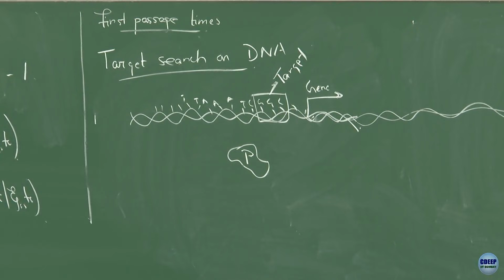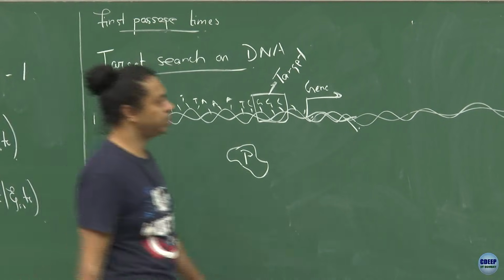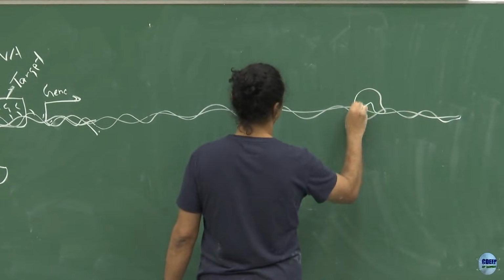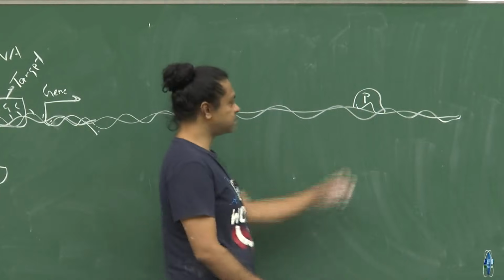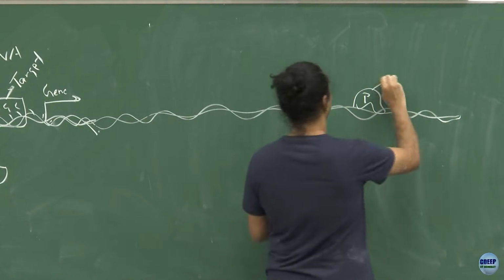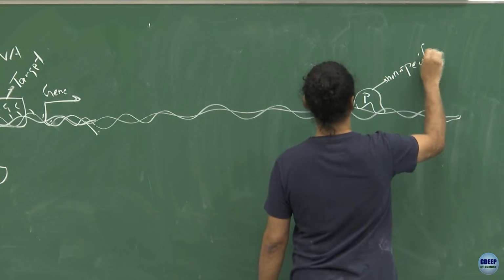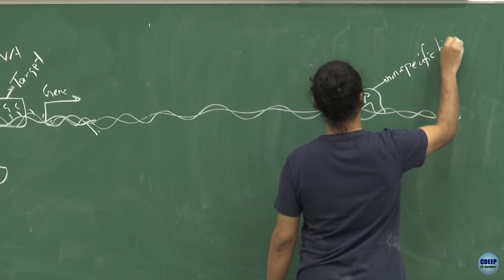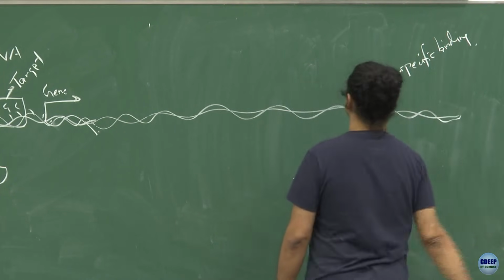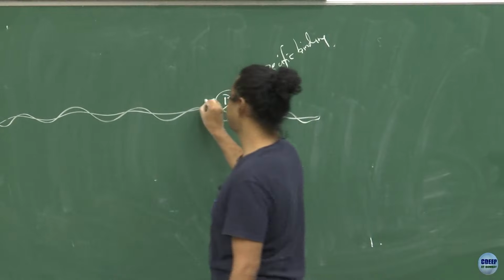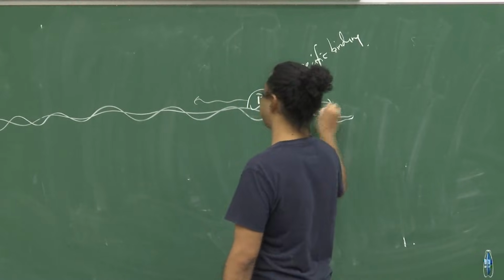Nobody knows really, but ideally, the simplest thing to imagine would be that the protein binds somewhere. So the protein comes and binds over here, non-specifically, which means it's a weak binding. When it is bound to the DNA in this state, it can sort of diffuse along the DNA, slide along the DNA.